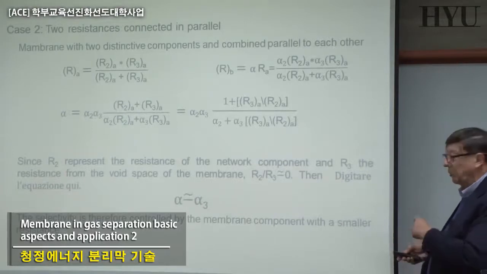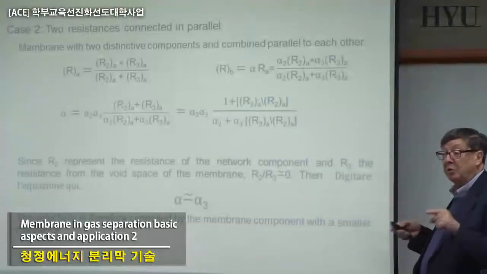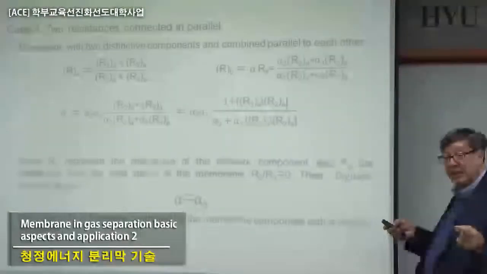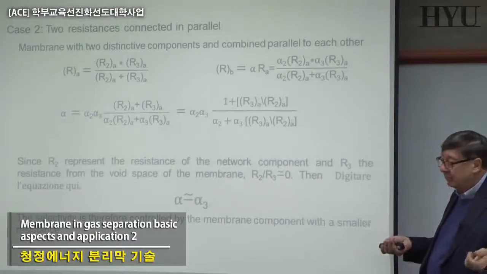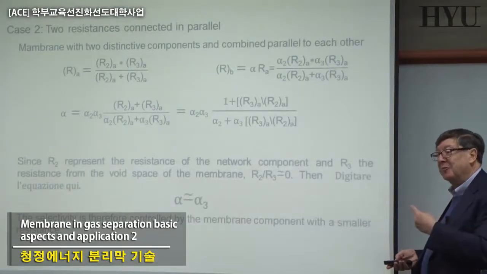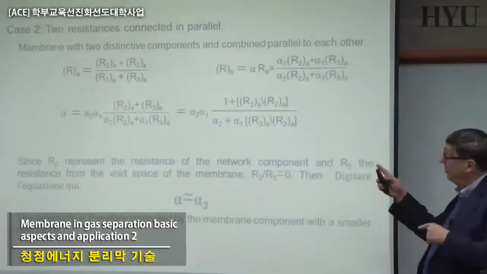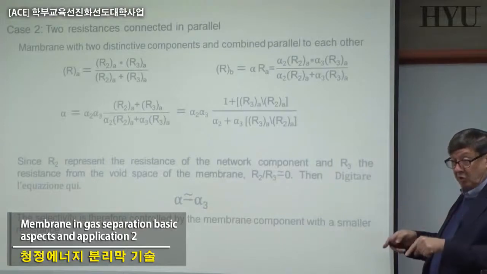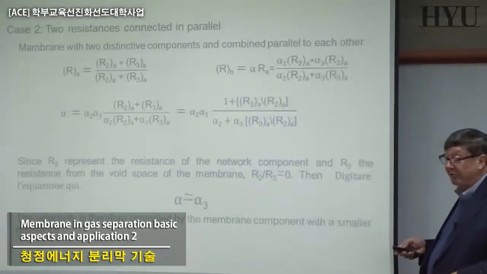We don't have time to go into detail. You can find it in the literature, but only to show you use it. Because sometimes you are trying to solve the problem by avoiding any defects. Impossible. And it's much easier, instead of avoiding the defects, to eliminate the defects using the same kind of approach. And most of the membranes for gas separation are based on this kind of approach.